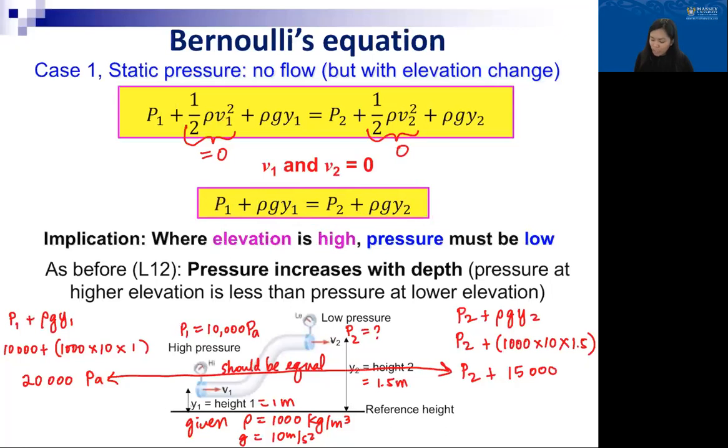So for P2 plus 15,000 to equal 20,000, you need to add 5,000, because 15,000 plus 5,000 is 20,000. So P2 should be equal to 5,000 pascals.